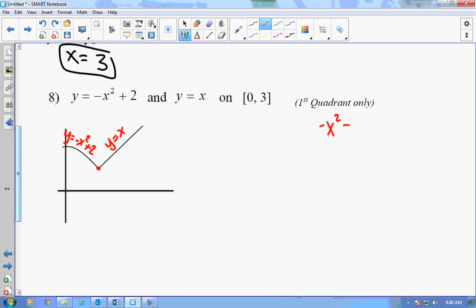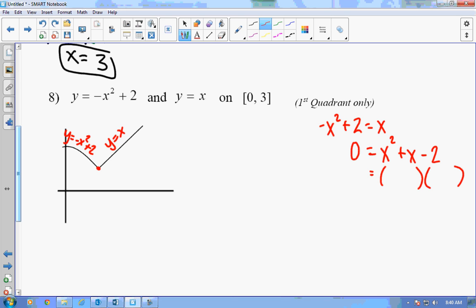Negative x squared plus 2 equals x. I would choose to make the x squared positive, so I'd move everything over to the right. Get positive x squared plus x minus 2. You guys okay if I skip the step that shows how I did that? I just added that and I subtracted that. Then you factor.